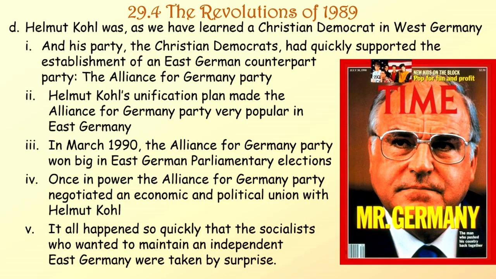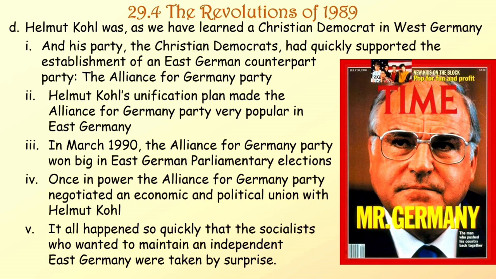Helmut Kohl was, as we have learned, a Christian Democrat in West Germany, and his party, the Christian Democrats, had quickly supported the establishment of an East German counterpart party, the Alliance for Germany Party. Helmut Kohl's unification plan made the Alliance for Germany Party very popular in East Germany.